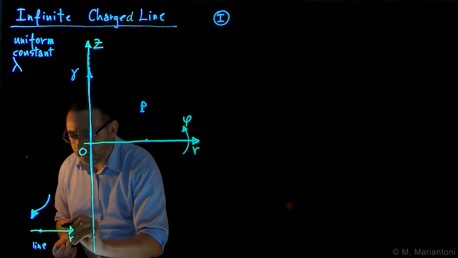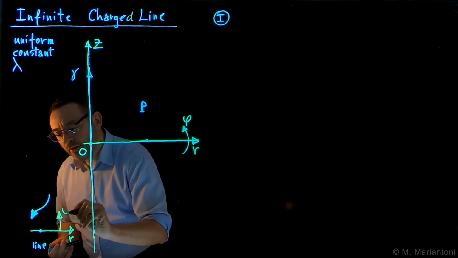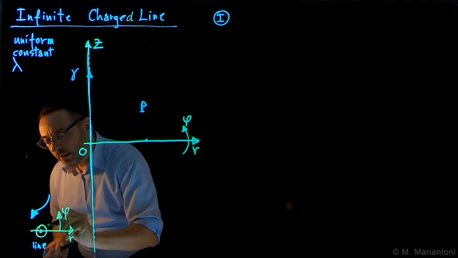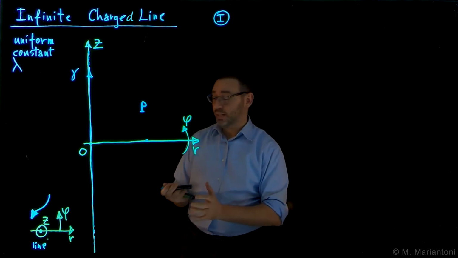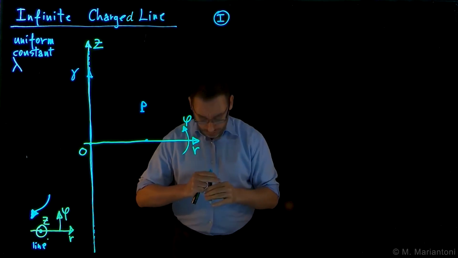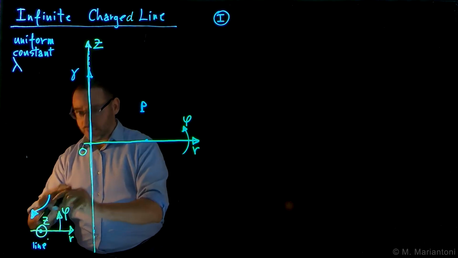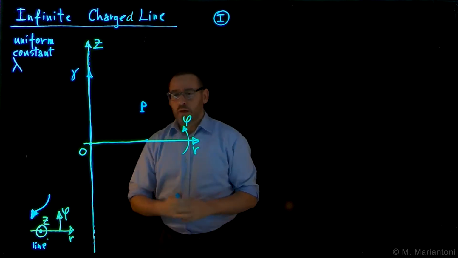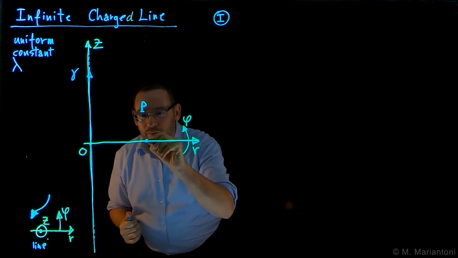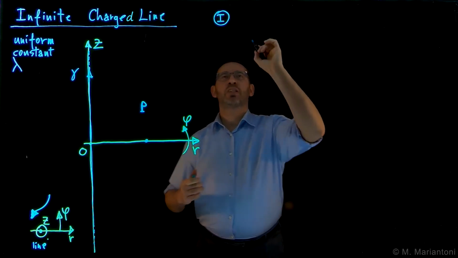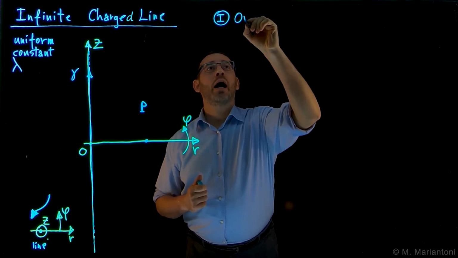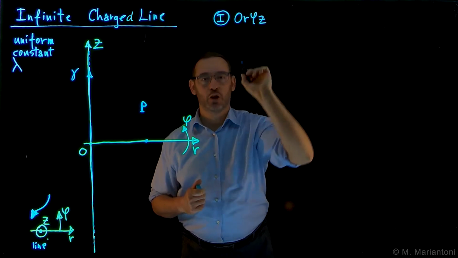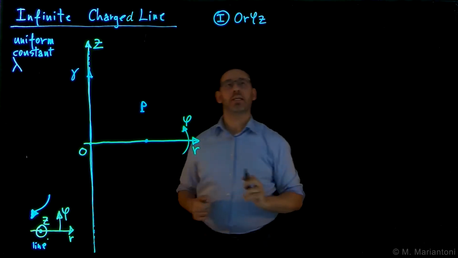This is r, this is phi, and this is my z, which coincides with the line itself. That's when we look at it from above. I'm looking at the line from above and from the side in this fashion. With this in mind, we want to find the field at this point P. So the first step is done. Coordinate system: we have chosen an O, r, phi, z cylindrical coordinate system, with the z-axis here.